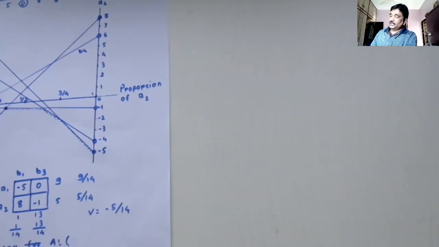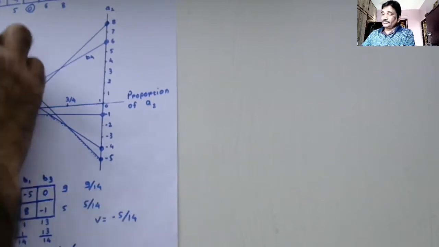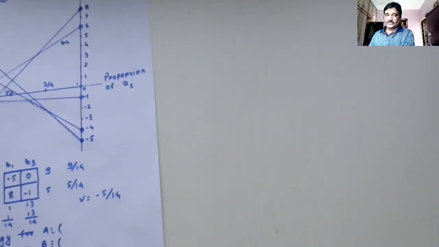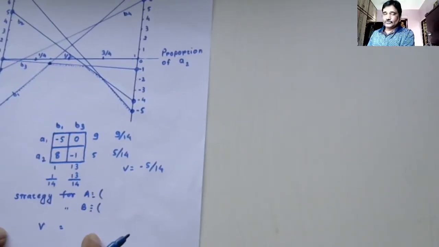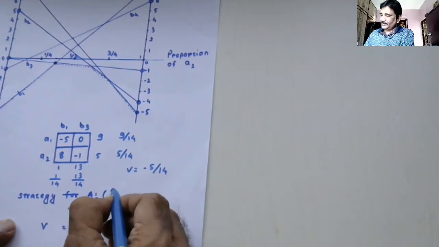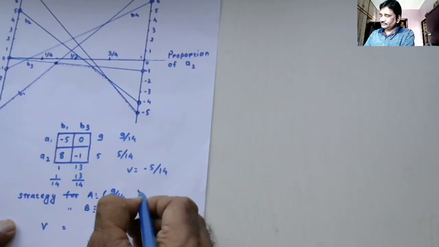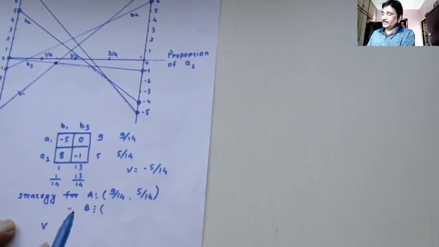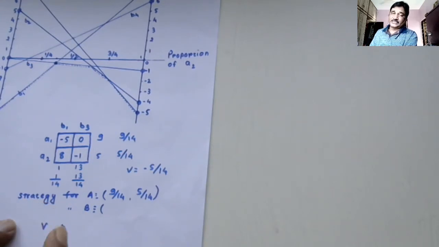Now lastly, how to write the strategy for A. A has only two courses of action, and we know the proportion in which they are getting played. So A1 is getting played 9 by 14 times, A2 5 by 14. And for player B, we call each course of action in sequence.